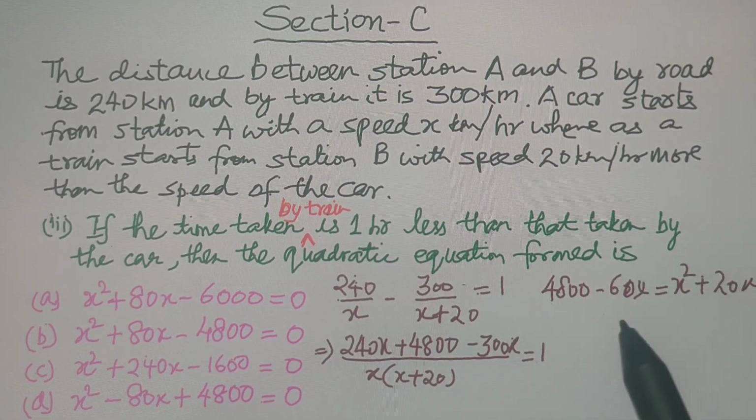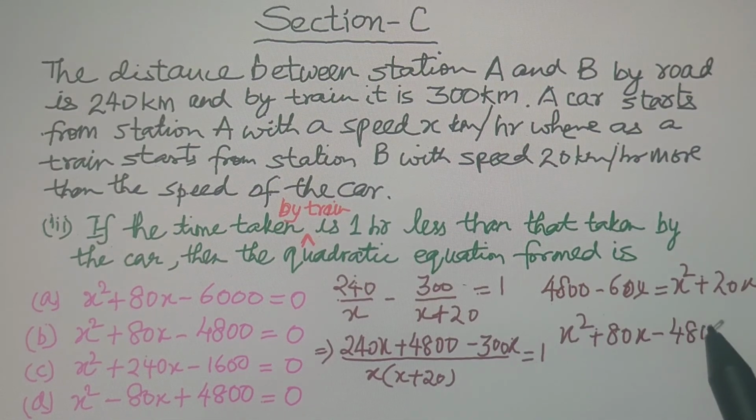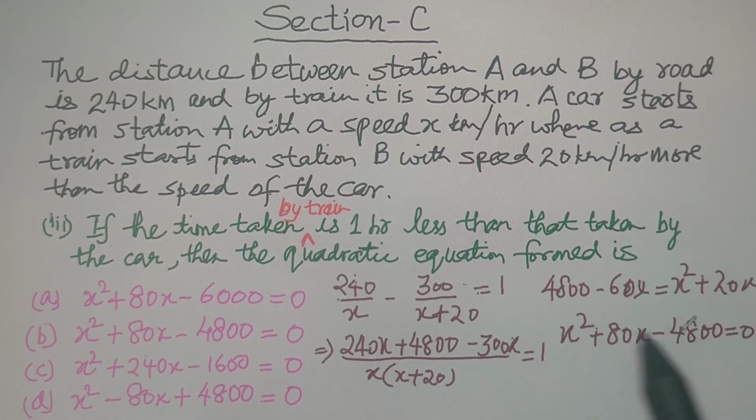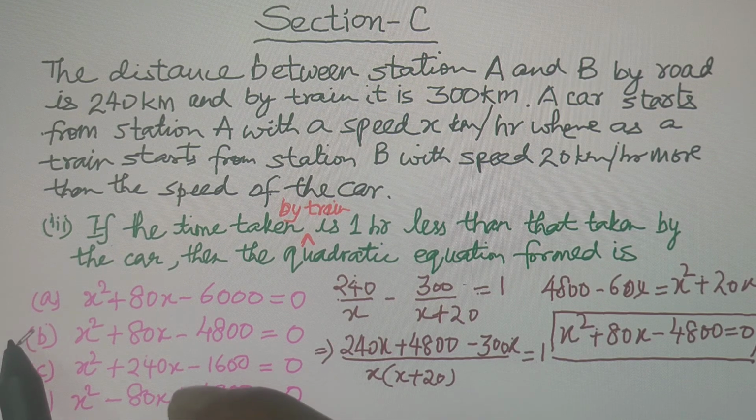Now if you shift it to this side, we get x square plus 80x minus 4800 equal to 0. So this is the quadratic equation so formed. If you look at the options, option B is the correct answer.